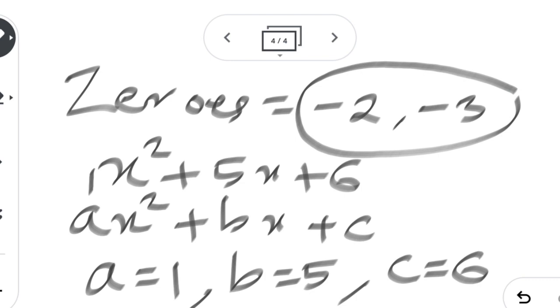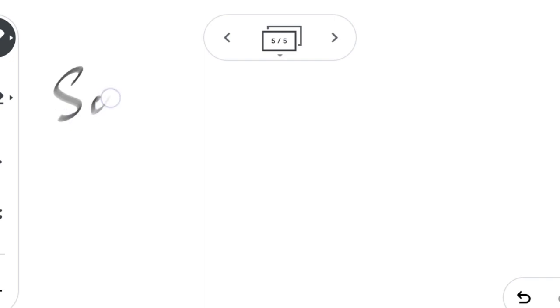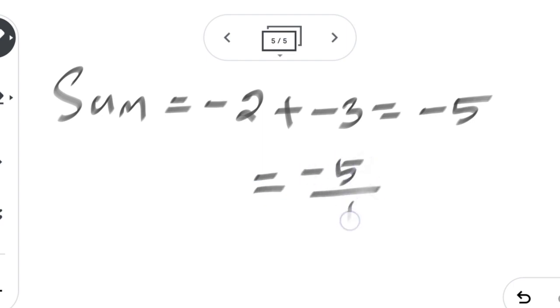Now we can find the sum of zeros. Zeros were minus 2 and minus 3. So minus 2 plus minus 3 is minus 5. This minus 5 we can write as minus 5 by 1.